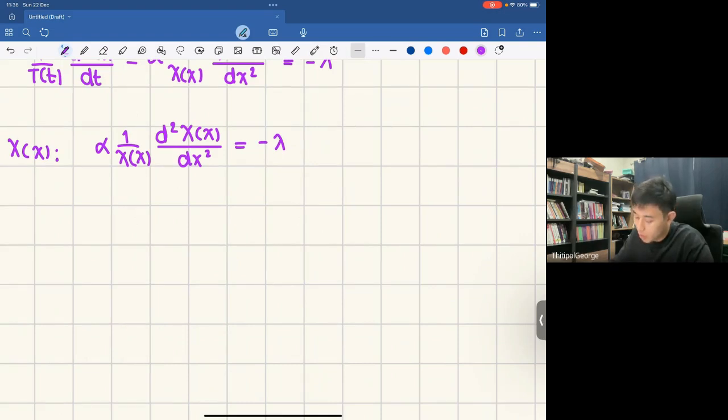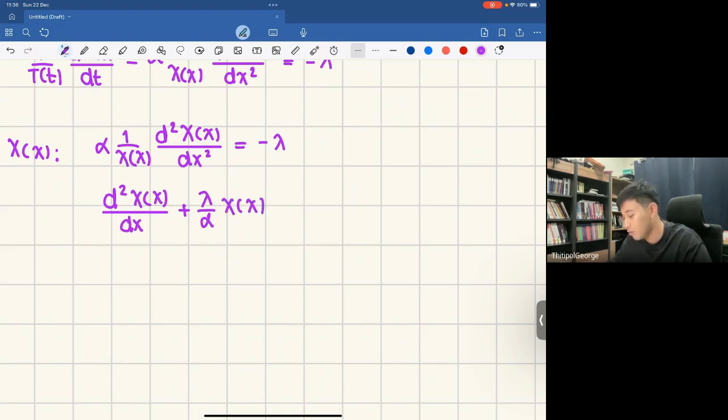So we get d²X/dx² plus lambda over alpha times X equals 0.